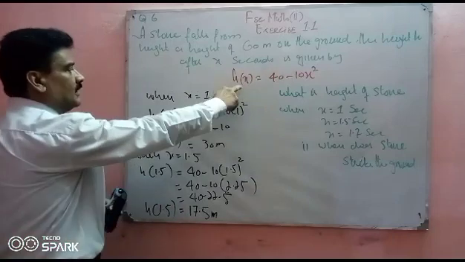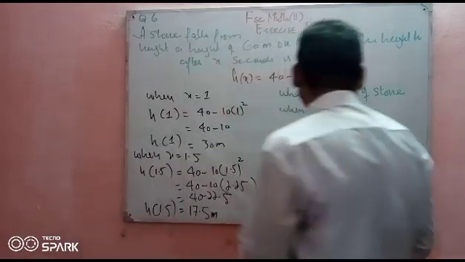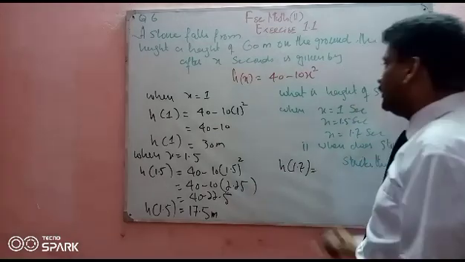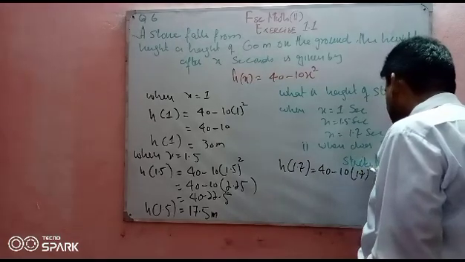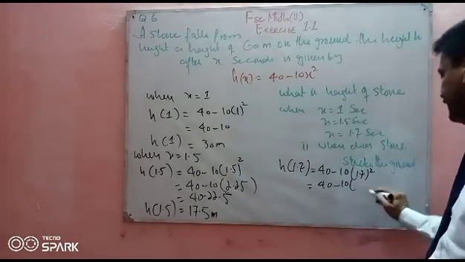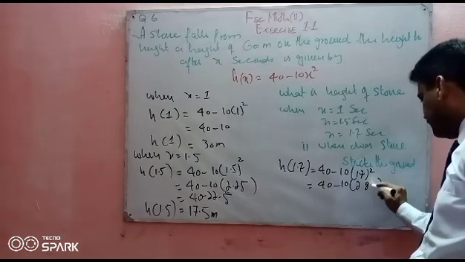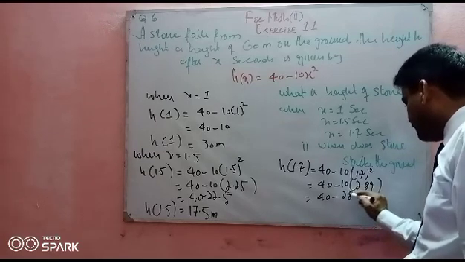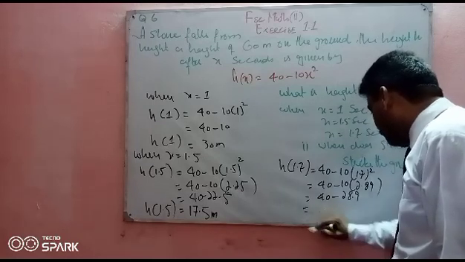Similarly, we can find the height of the stone after 1.7 seconds. We replace x with 1.7, so h(1.7) = 40 - 10 multiplied by 1.7². 1.7 squared is 2.89. When we multiply by 10 we get 28.9, and after subtraction we get 11.1.